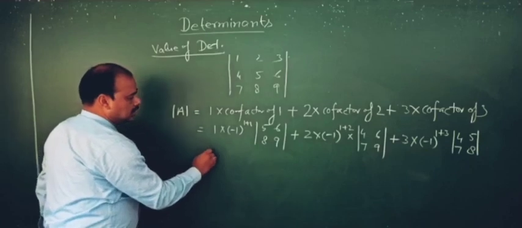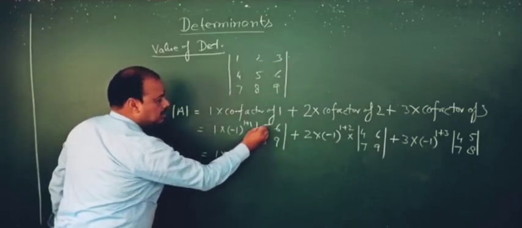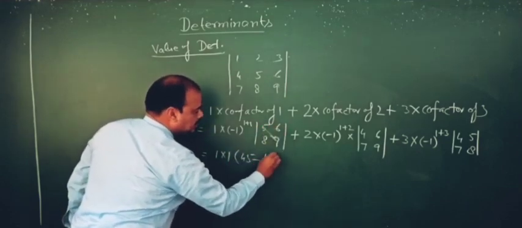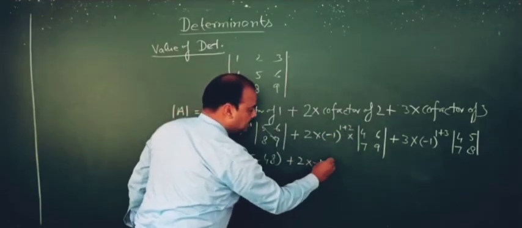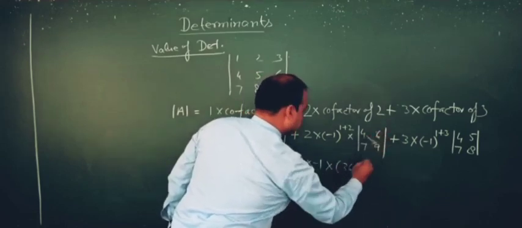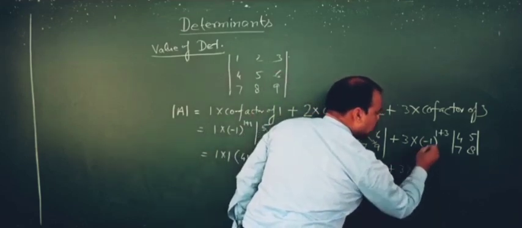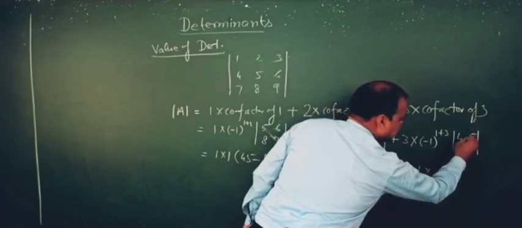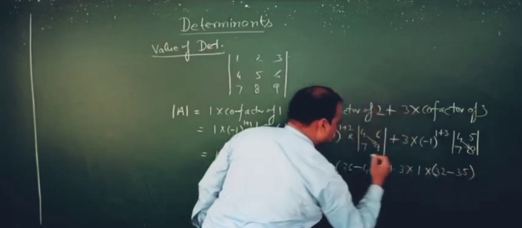Understood? 1 into negative 1 power 2, it means 1. 5 into 9, 45, minus 8 into 6, 48, plus 2 into negative 1 power 3, it means negative 1 into 4 into 9, 36, minus 7 into 6, 42, plus 3 into negative 1 power 4, it means 1 into 4 into 8, 32, minus 7 into 5, 35.